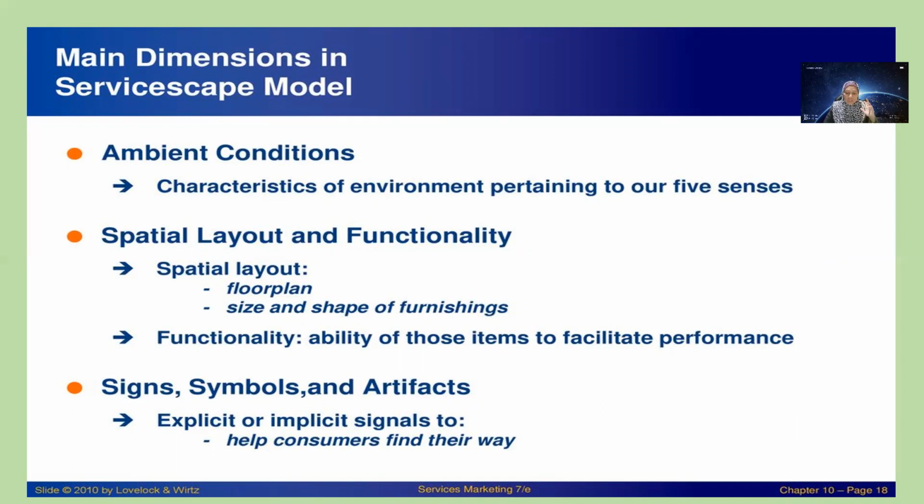Sometimes we don't prefer that place because it's too loud. That's related to hearing, and then touch. So all the five senses will let us prefer the ambient conditions or not.